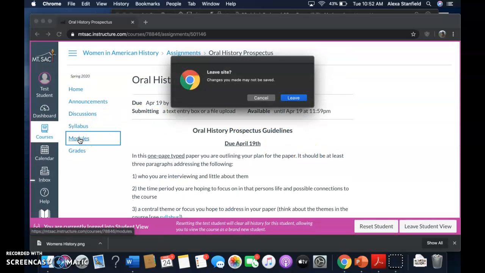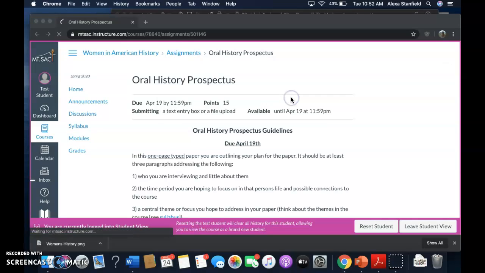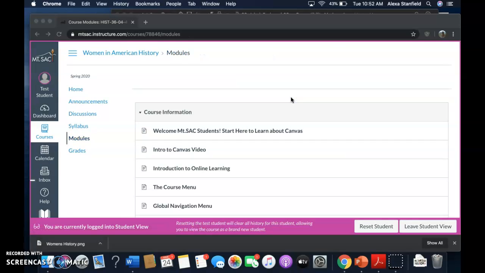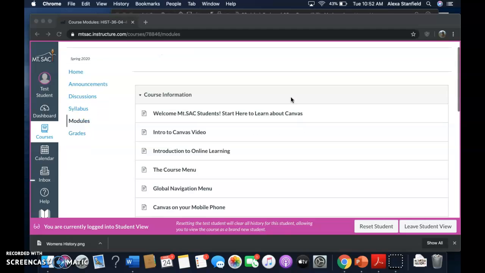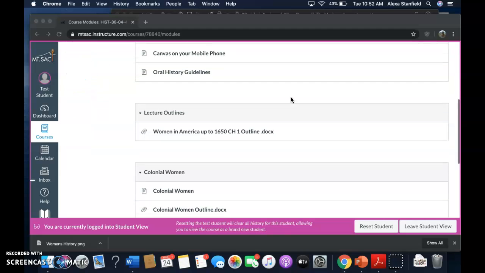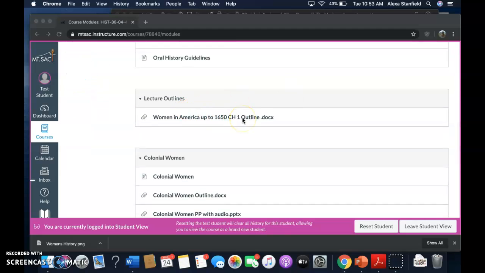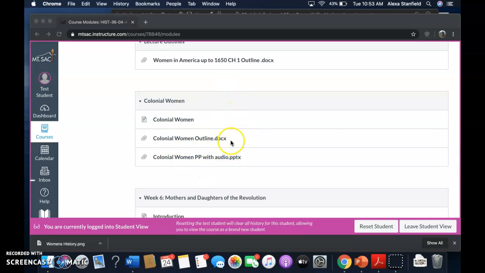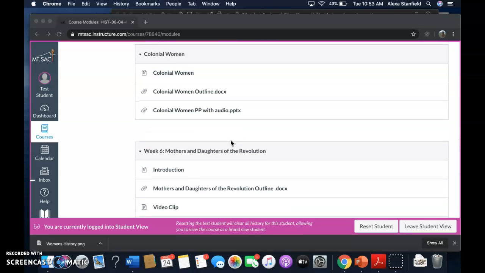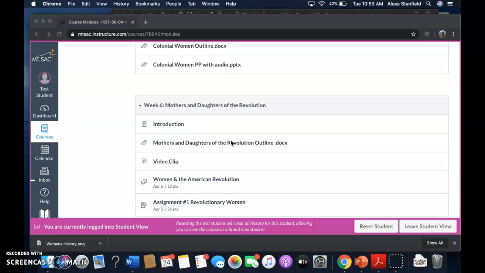So in the modules, this is where you're going to actually be seeing your work. So I included the lecture outlines and the rest of the colonial women that we were finishing up with when we left the course.